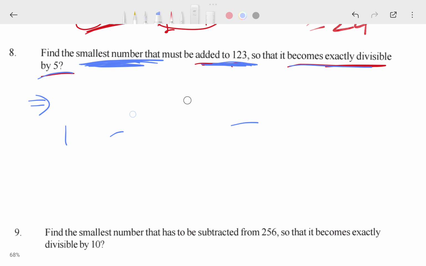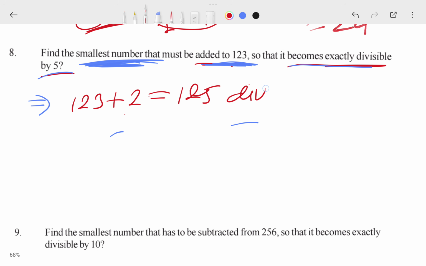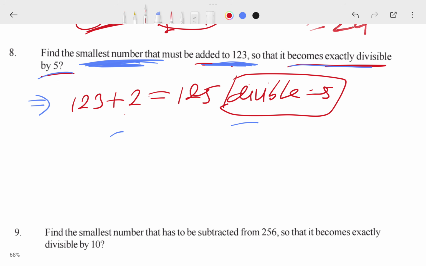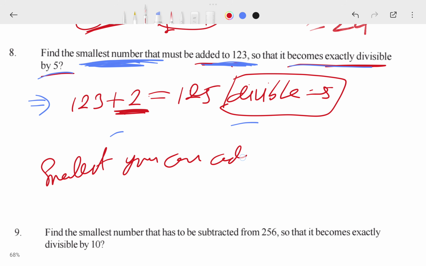You can write the answer like that: 123 plus 2, which is 125, is divisible by 5, okay, right? So 2 is the answer, the smallest you can add, okay, right?